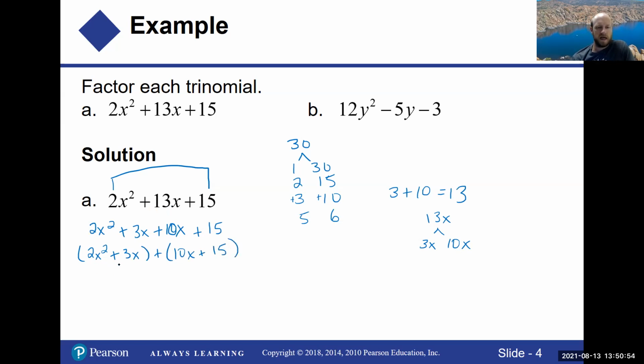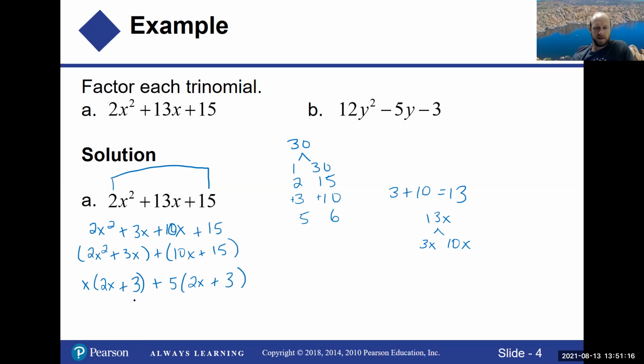And then I can take out common factors of those, or GCFs of those. So 2x squared and 3x, our common factor there is x. So I factor that out, and I'm left with 2x plus 3. And right here I have 10x plus 15. I factor out a 5 and I'm left with 2x plus 3.